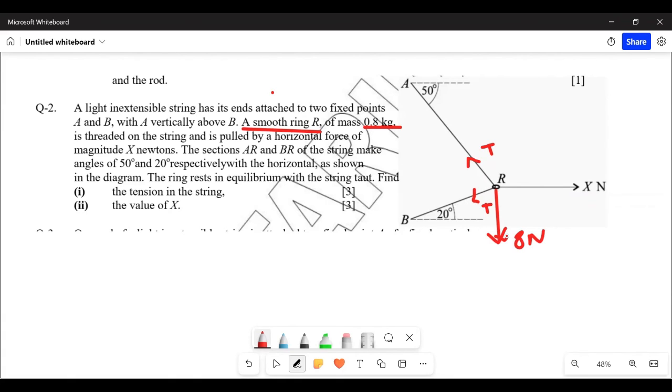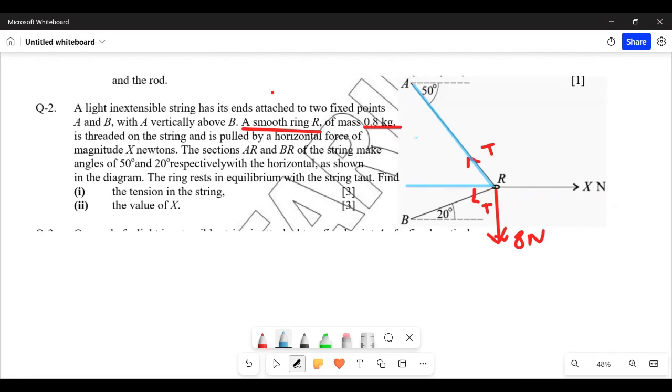There's no theta with it, so there's no resolving that needs to be done. Sections AR and RB of the string make angles 50° and 20° respectively with the horizontal, as shown. These angles will help us resolve both the tensions. So there's a component in this direction and a component in this direction.